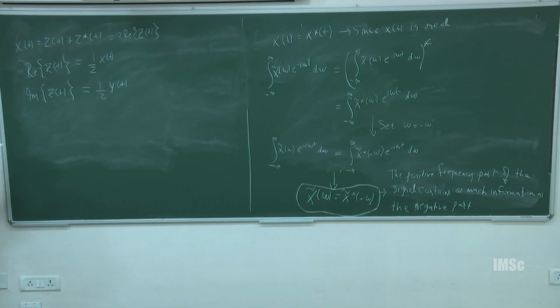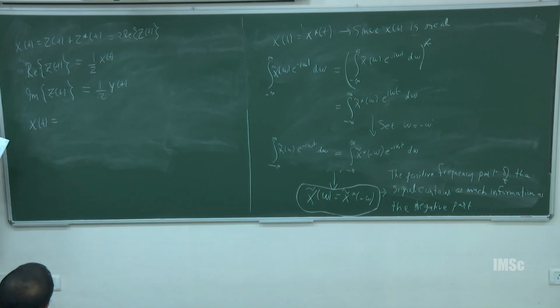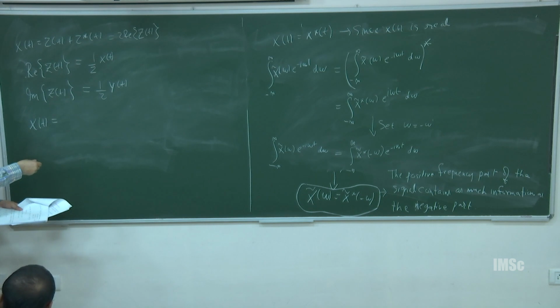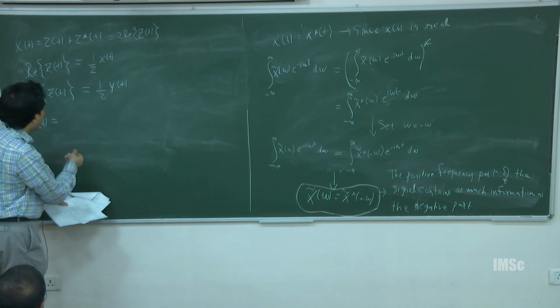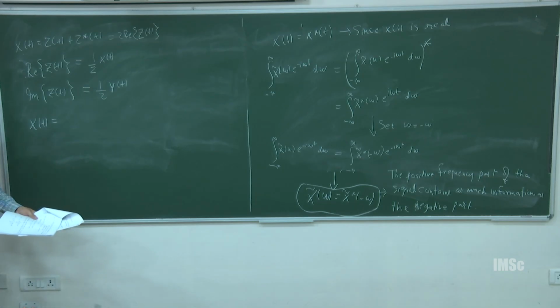Now it can be shown that x of t and y of t, the real part and the imaginary part, form a Hilbert transform pair. There's something called the Hilbert transform, and we won't be using this particular idea in this course, but we are just introducing this for the sake of completeness. If you are interested, you can dig into the literature. You can go through the 3rd chapter of the book by Mandel and Wolf, Optical Coherence and Quantum Optics.